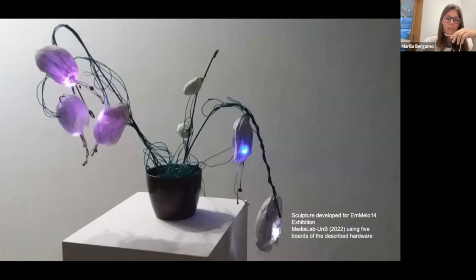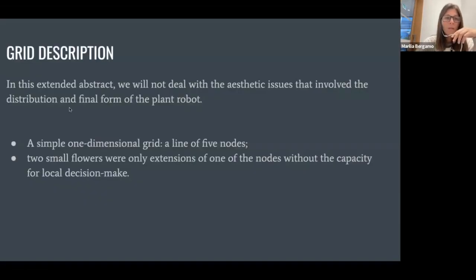Those two were just extensions of one of these with LEDs, the same board. In this extended abstract, I will not deal with the aesthetic issues, which were presented at different conferences. What we need to describe here is a simple one-dimensional grid, a line of 5 nodes with 2 small flowers that were only extensions of one node, without the capacity for local decision-making.